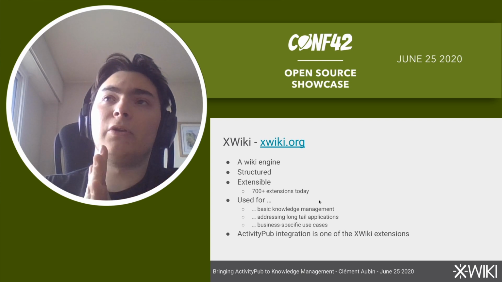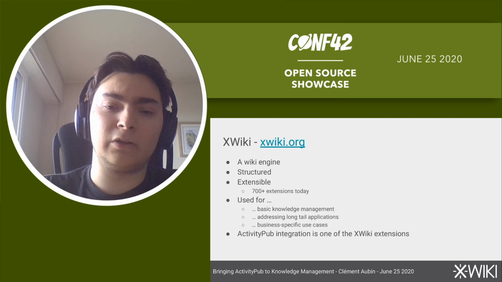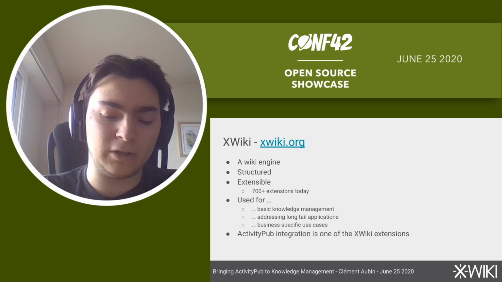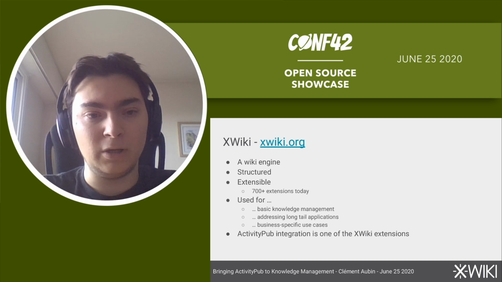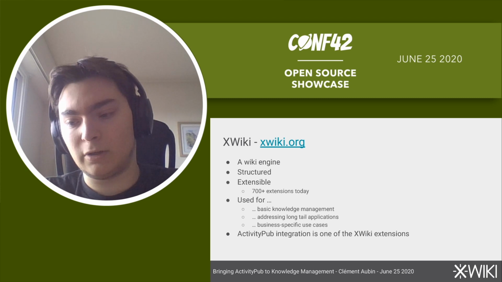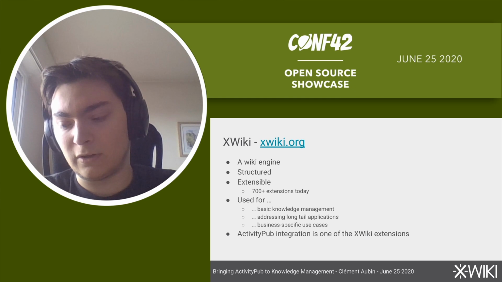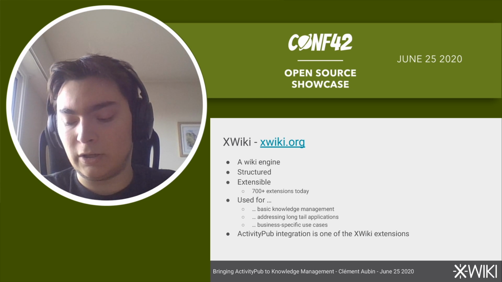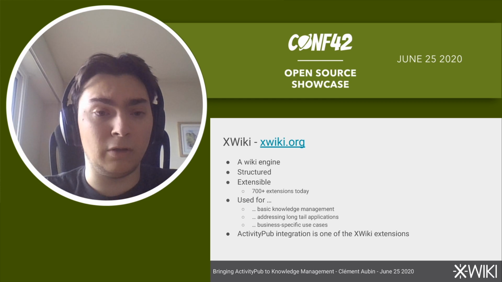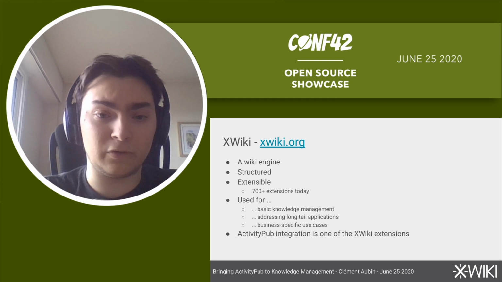Now, moving on to XWiki. XWiki is a wiki engine, a bit like MediaWiki, which is the wiki engine for Wikipedia. The main difference with other wiki engines is that it has the possibility to contain structured data, which is not something that will be of much interest as part of this conference.